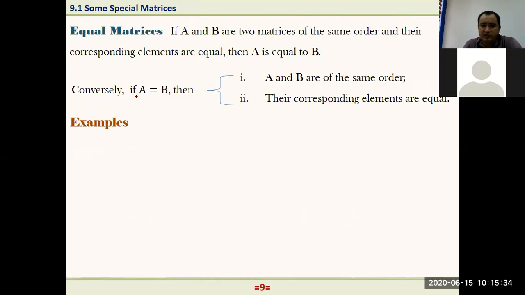So conversely, if A is equal to B, then A and B are of the same order. Because if we say that two matrices are equal, immediately we can draw these two conclusions. The first one is their orders are the same, and the second one is all of their corresponding elements are equal. Okay. Example for equal matrices.